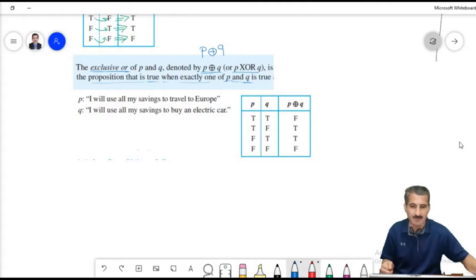Here we go. T XOR T gives false. True XOR true gives false. Do you believe it? Okay. We will see why. I will use this notation.